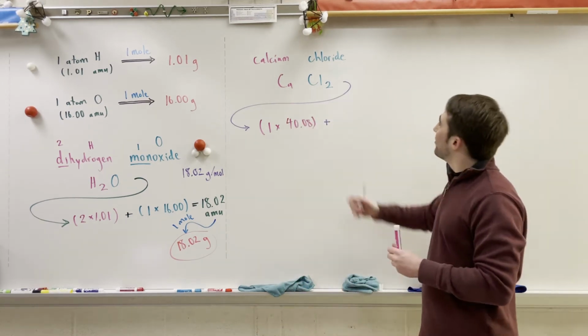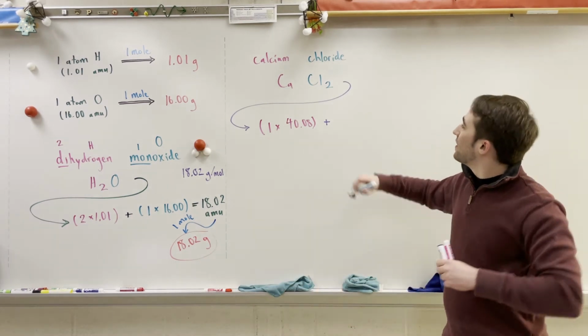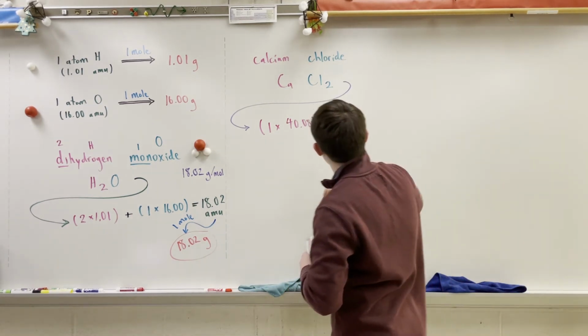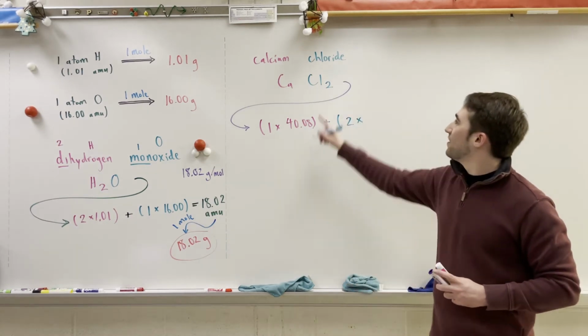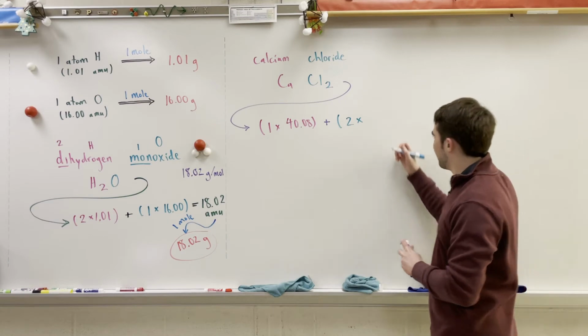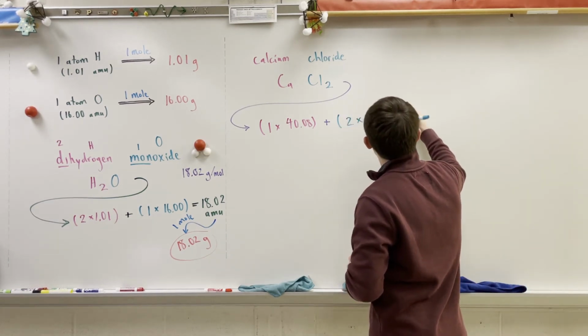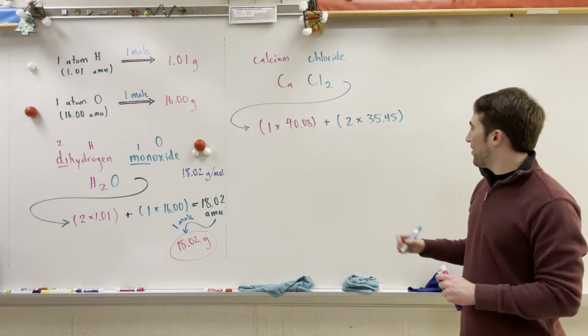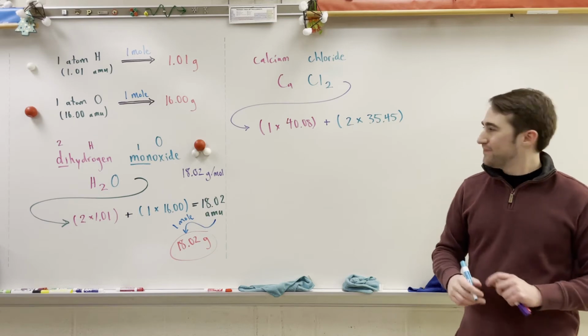Plus, we also need the molar mass of 2 of these chloride ions. So 2 times the mass of this chlorine here. If you look up the molar mass of chlorine on the periodic table, it should be 35.45 grams per mole.